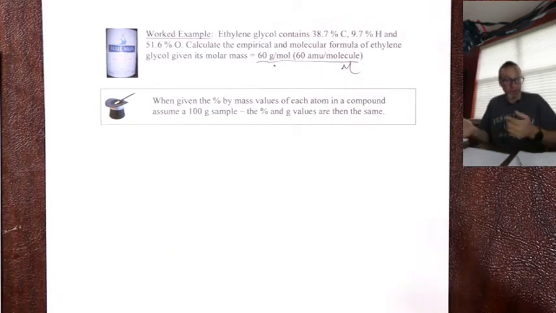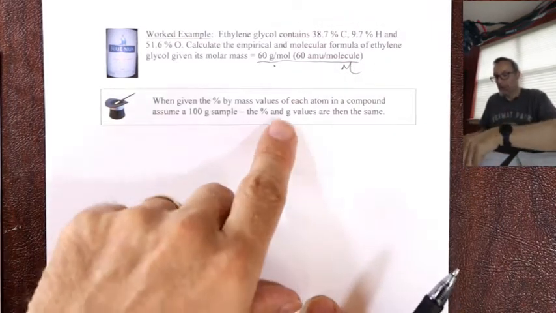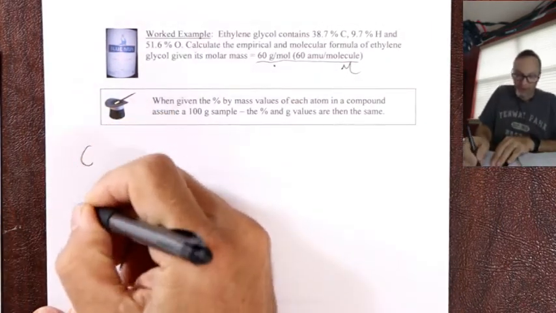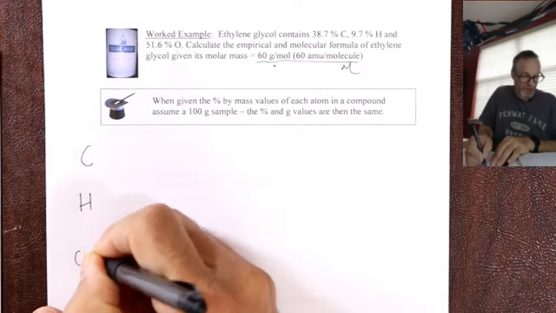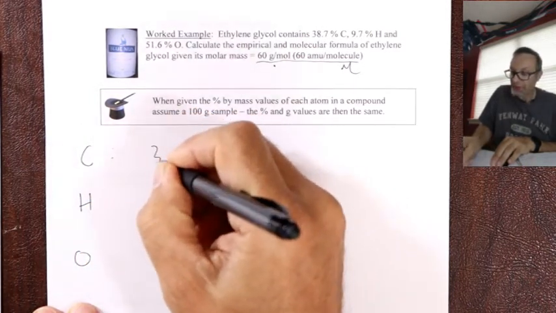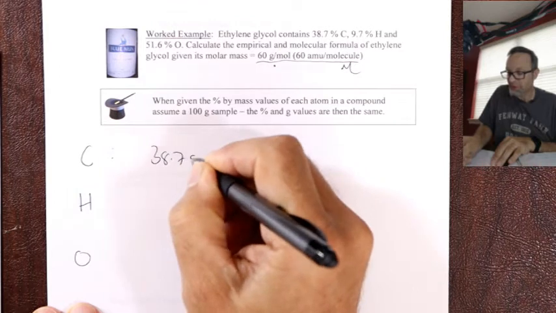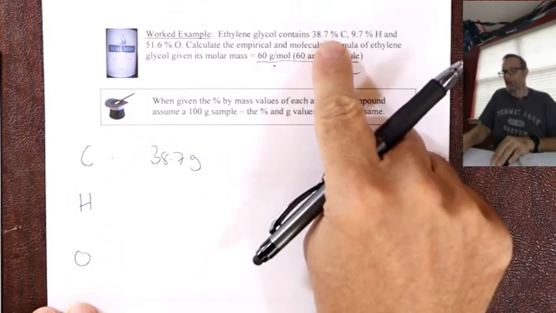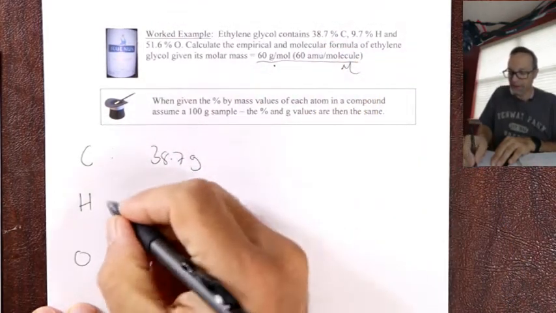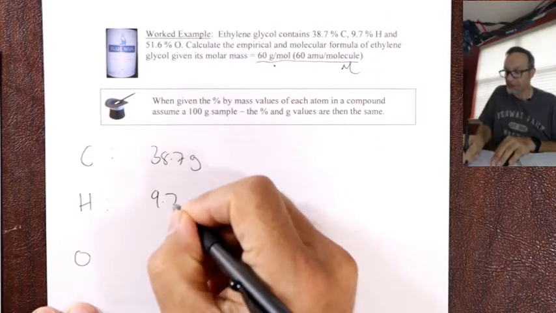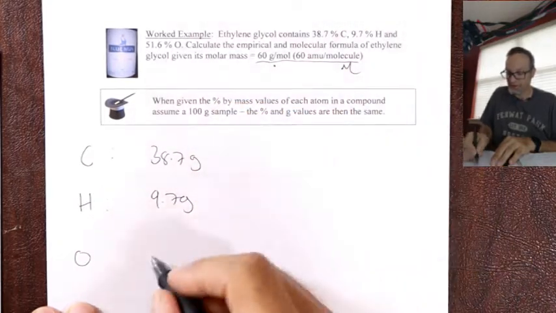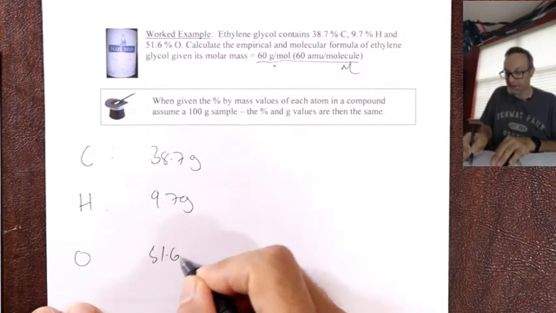So, trick number one: we're going to do carbon, hydrogen, oxygen. Because of 100 grams, it's the same number: carbon 38.7 grams, hydrogen 9.7 grams, and oxygen 51.6 grams.